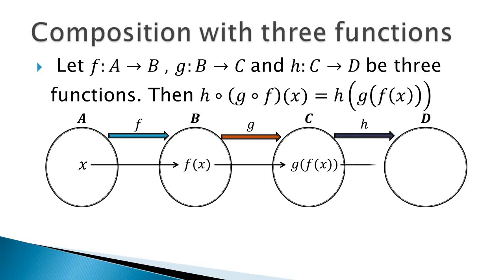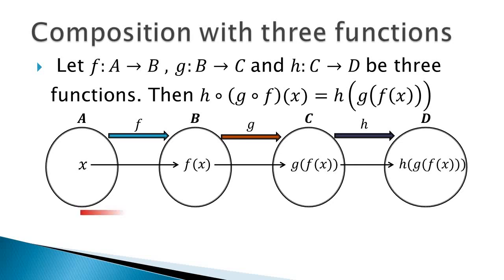And for the third one, since C is the domain of the function h, therefore g of f of x, that will be an element actually, it will have a value. So the image of this value under the function h is h of g of f of x.